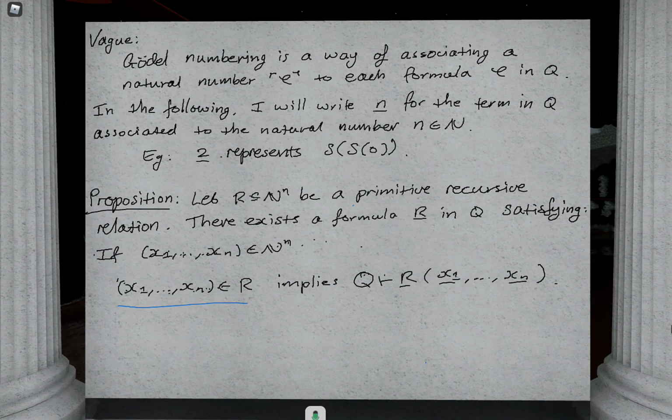Okay, I think that's clear enough. Did you want to make any comments, Billy? Is this supposed to be weak representability? Oh yeah, this is right. I guess I haven't written either. I remember something like this that had, if x1 up to xn is not in R, then it also implies something.